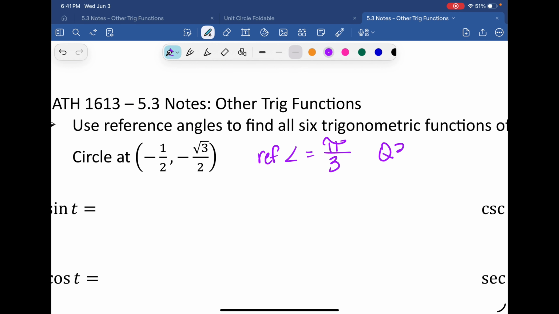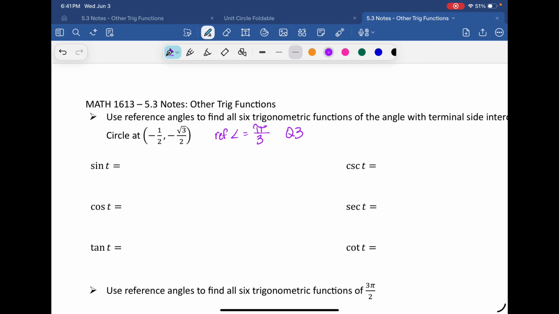That's quadrant 3. All right, so sine would be the y coordinate. Cosecant would be the reciprocal. Get that radical out. Cosine would be the x, and its reciprocal.